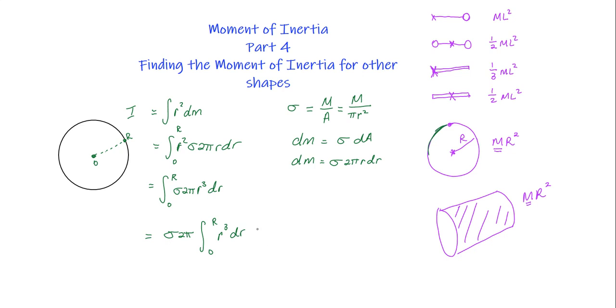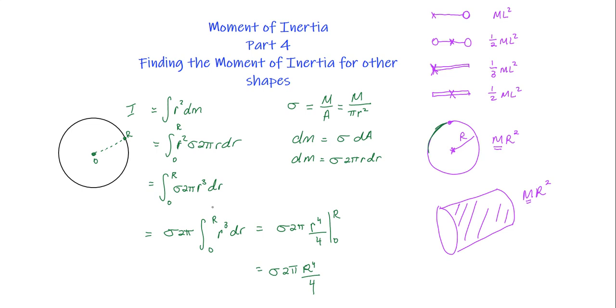That's going to give me sigma times 2 pi times big R to the 4th over 4 minus 0. So at this point I'm going to go ahead and do just a little bit of simplification. That would give me 1/2 out front here with the 2 and the 4, and then sigma times pi times R to the 4th.